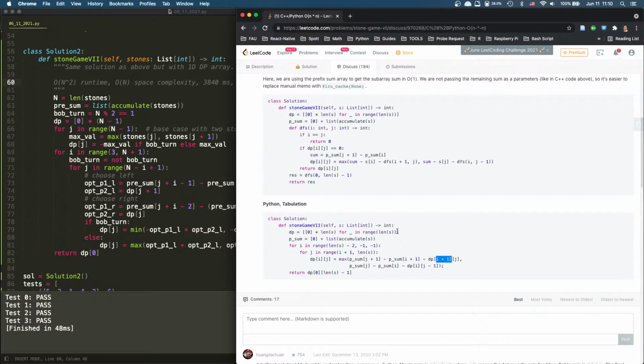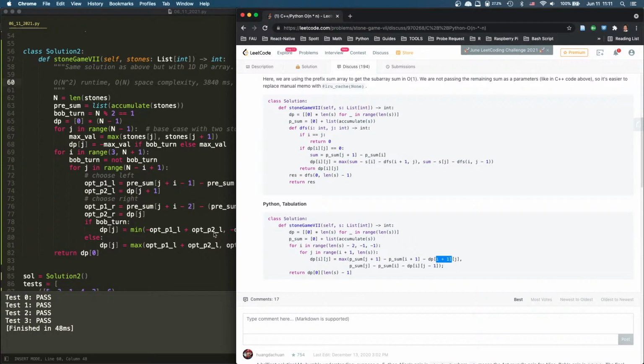So that's just the current score. dp[i][j] records the best score that anyone can get, well, that's not the best score, it's the maximum difference any player can get. If I'm Bob, then that is this minus the next one.